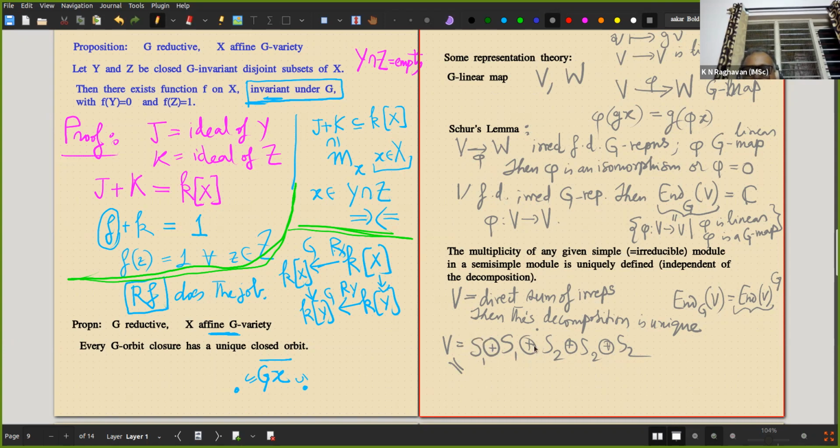If I write it, this S1, for example, or this copy, you cannot talk of this copy of S2, but even if I write it, I'll find myself writing 2 copies of S1.